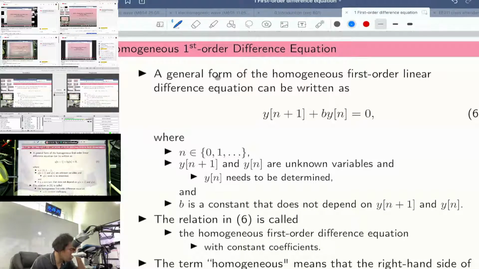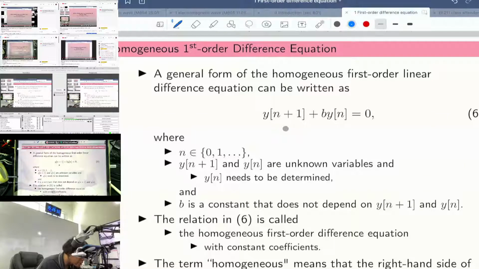Homogeneous means that on the right hand side, after the equality sign, we get 0. The general form of the homogeneous first order linear difference equation can be written as something like this.